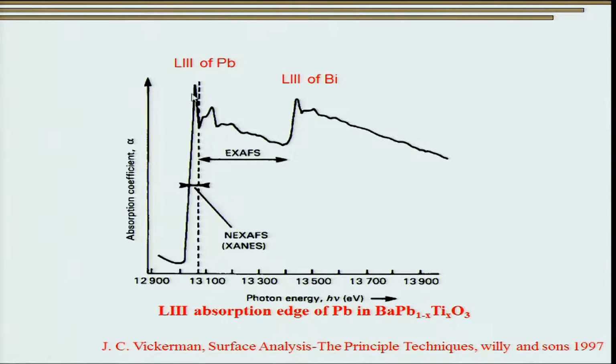The region which is very near to this edge essentially comprises the XANES spectra, while the region far away comprises the extended X-ray absorption fine structure. This differentiation between EXAFS and XANES is a bit arbitrary, though there are ways of quantifying it.